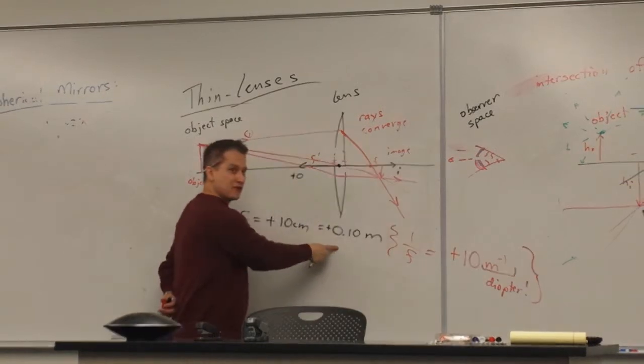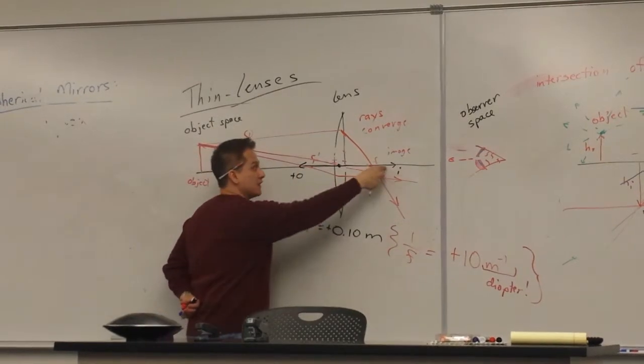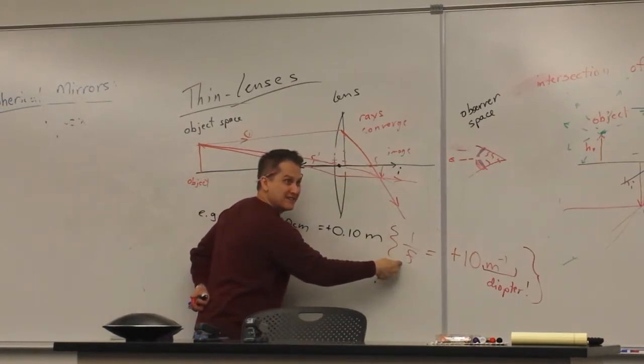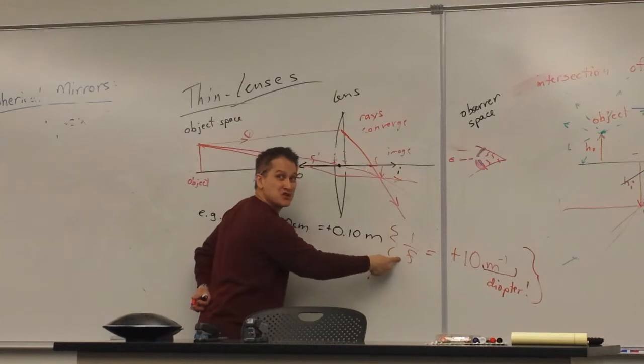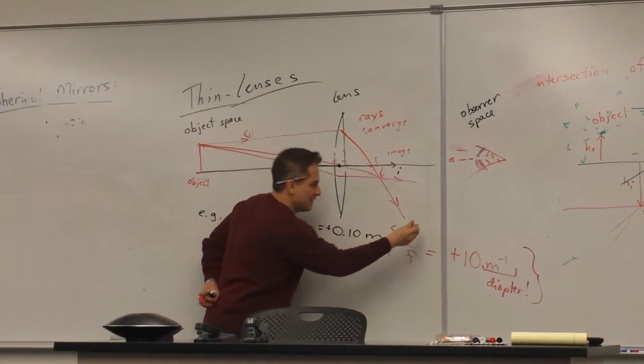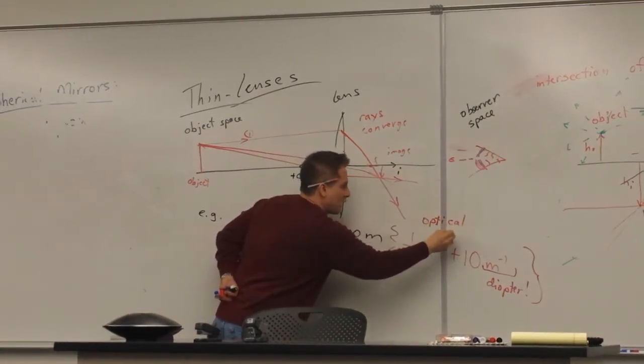Plus, the smaller the focal length, the stronger the lens. The smaller the focal length, the more the lens bends, the greater the 1 over f. So as 1 over f is larger, the stronger the eyeglasses. So again, it's a nice number to use because when you have bad eyesight, you need a stronger lens with a higher value. So we sometimes call 1 over f optical power.